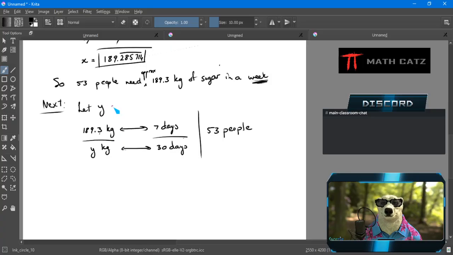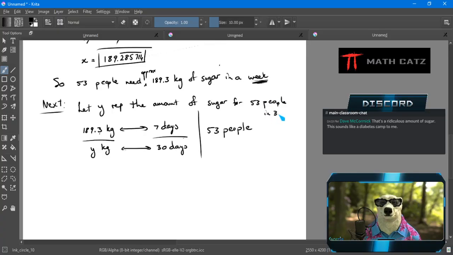Now that means y is going to represent the amount of sugar for 53 people in 30 days.